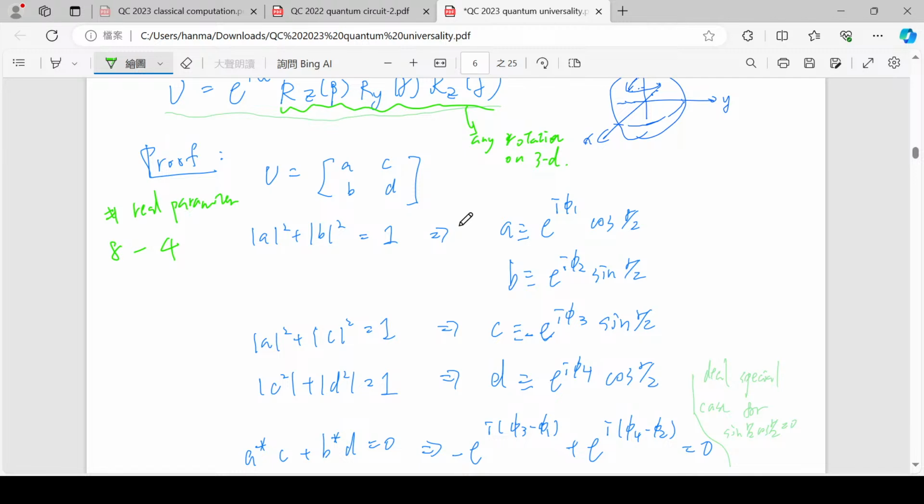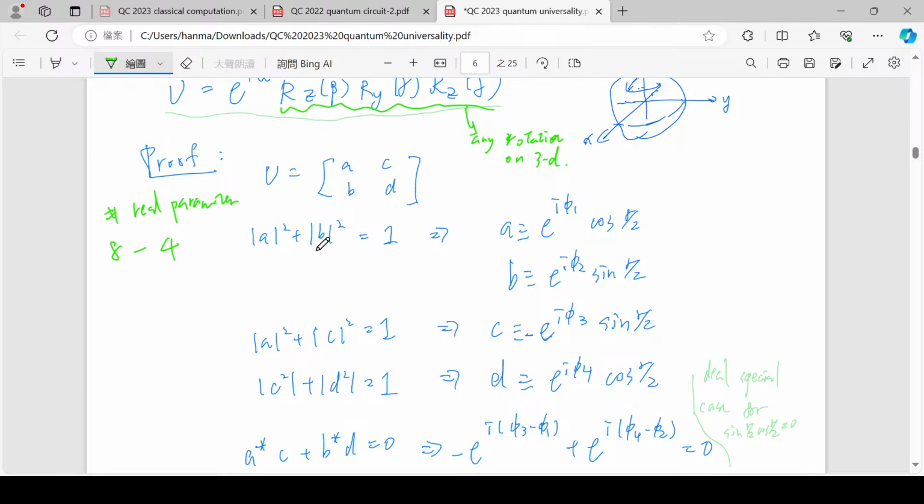So what are the constraints on a unitary? The first constraint is that every column and row needs to be a unit vector. That means a squared plus b squared equals 1. From here we can parameterize a and b as some cosine theta, sine theta, kind of like polar coordinates. So a and b have some arbitrary phases, e to the i phi 1, e to the i phi 2.